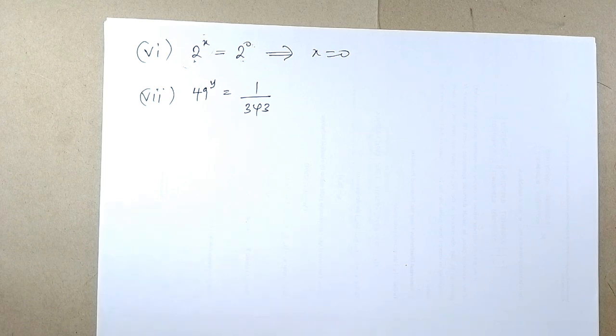All you have to do is to reduce both sides to the same base. Once you can reduce both sides to the same base, you've solved that problem. So let's see how we get this particular problem solved.